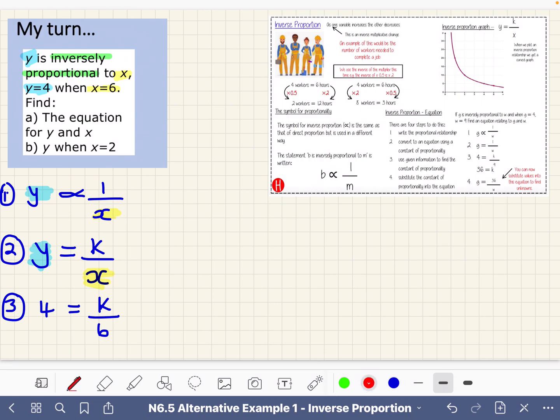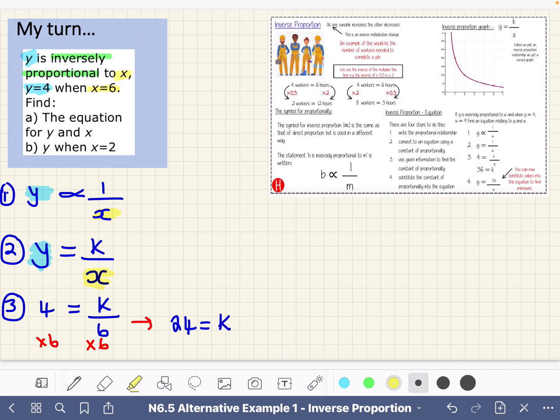We should know that this means divided by 6. So to calculate what k is, we would need to multiply each side by 6. That gives us a value of k, as 4 times 6 is 24, which is equal to k.